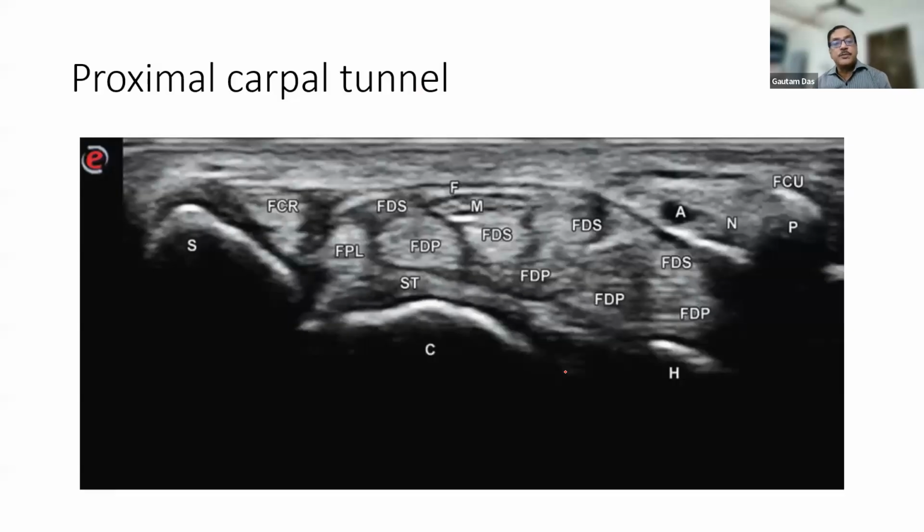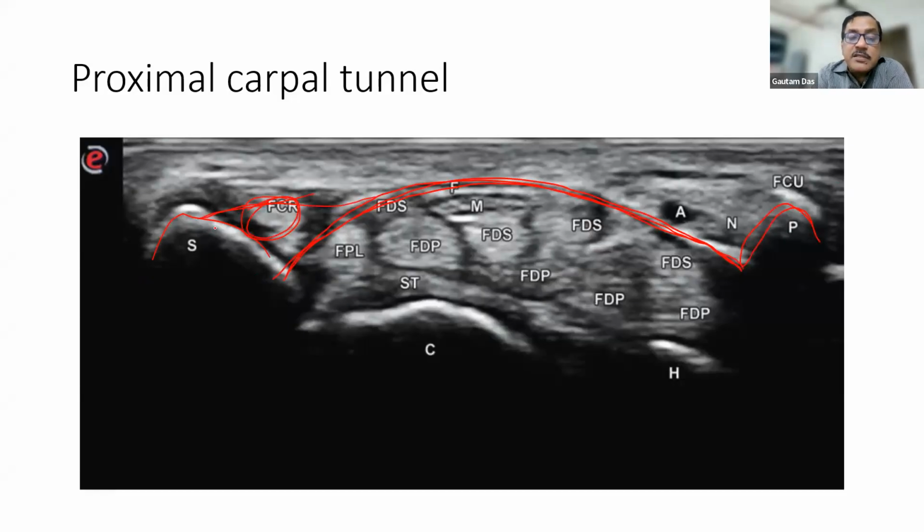Then comes the proximal and the distal carpal tunnel. So as I was telling you, in the proximal carpal tunnel, one side is the scaphoid, another side is the pisiform, and this is your flexor retinaculum. Above that, the flexor retinaculum basically splits and encircles the flexor carpi radialis.